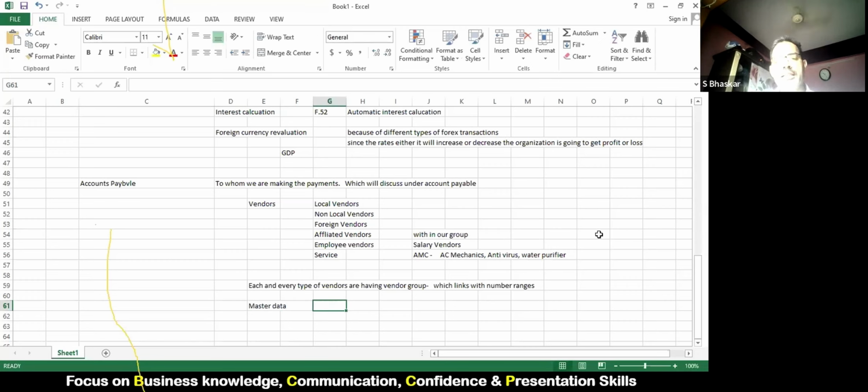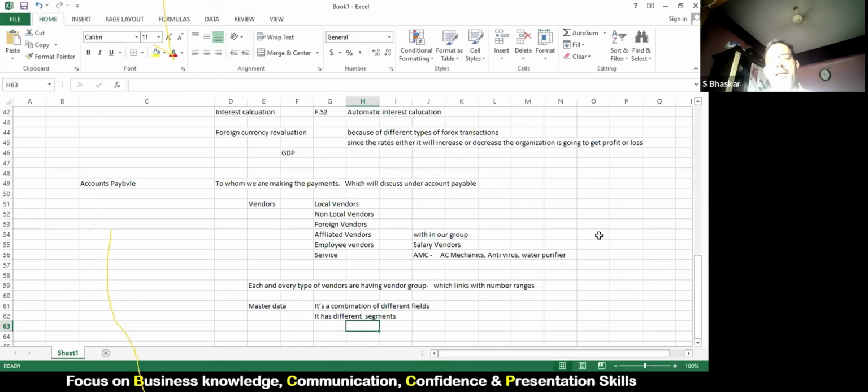The master data is nothing but a combination of different fields. It has different segments.